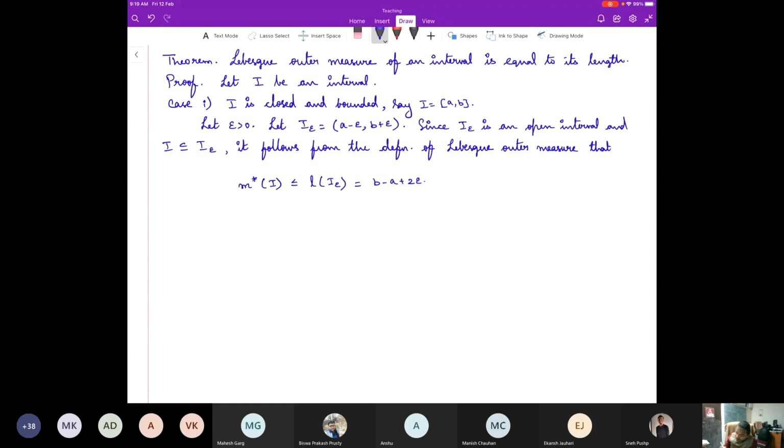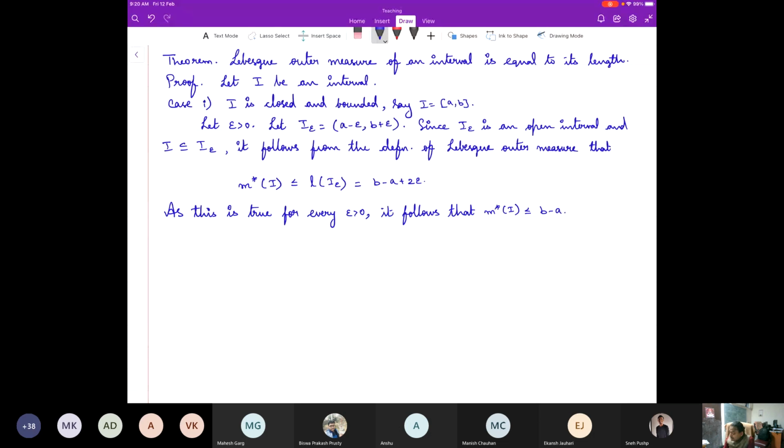Now, this is true for every epsilon greater than 0. It follows that m star of I is less than or equal to b minus a. Right.